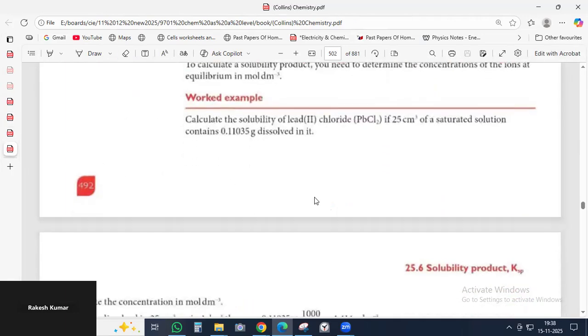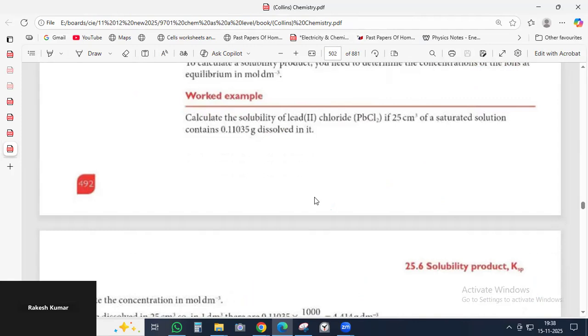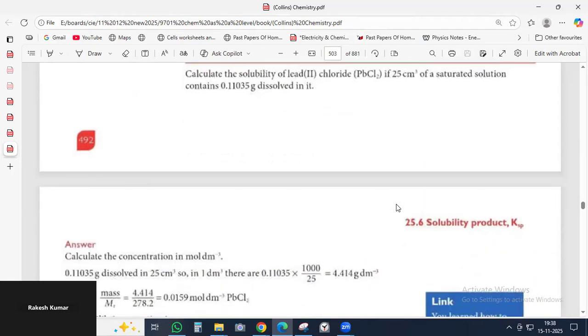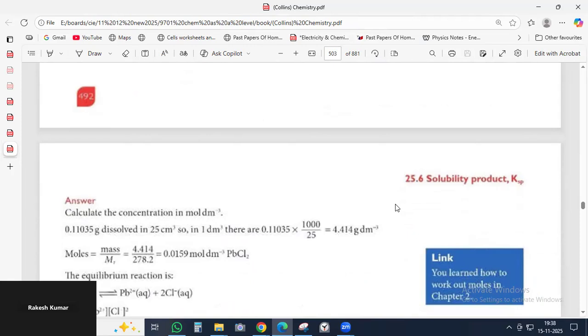He's saying calculate the solubility of lead iodate if the saturated solution contains this much dissolved in it. First calculate the concentration in moles. He's calculated the concentration in moles, 4.4.